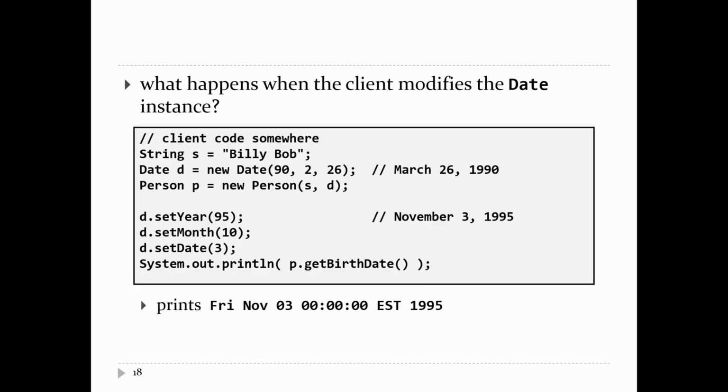The caller has changed their date object, and a consequence of that is that the person now has a modified birth date, which you might find weird. You might think that the person object should probably be taking care of its own birth date object. Someone shouldn't be able to just change their reference D, and suddenly the person's birth date changes. That may not be what you want to happen.